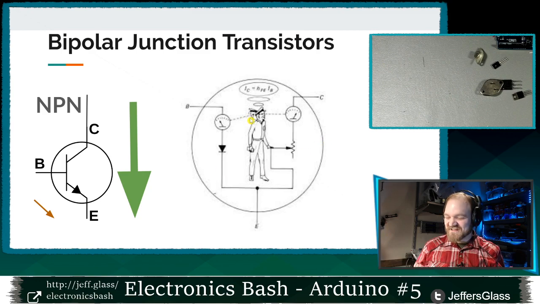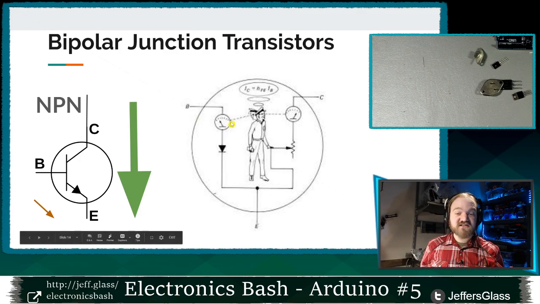This is a classic drawing that you see sometimes of the transistor man, the little man that lives inside your transistor. His whole job, you might see him here, is watching a current meter that's between the base and the emitter along this diode. He's saying, oh, there's a little bit of current there. I'm going to make sure that the amount of current that can flow between the collector and the emitter is some multiple of that current between the base and the emitter.